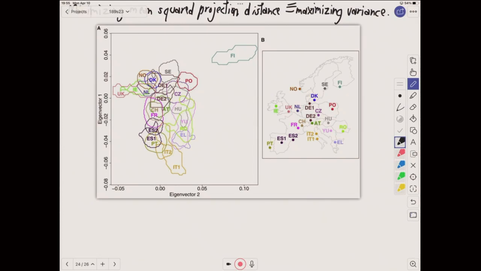And so the number of features per person was 309,790.